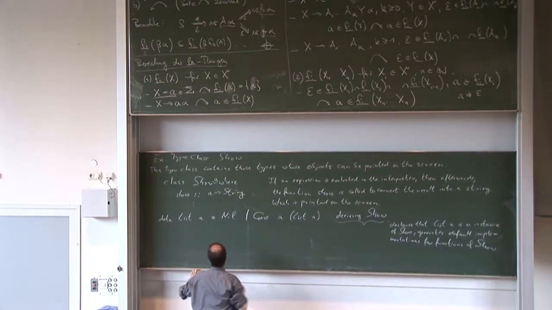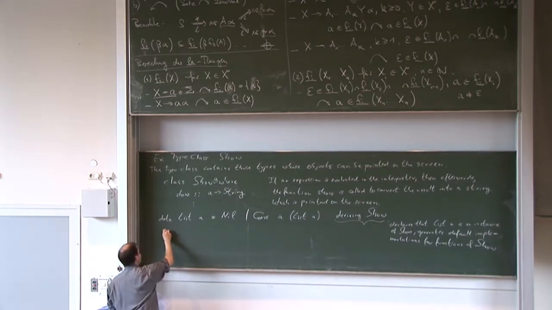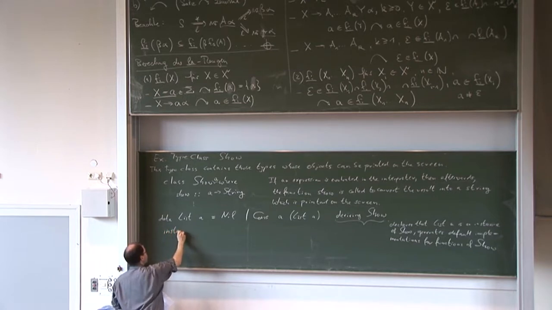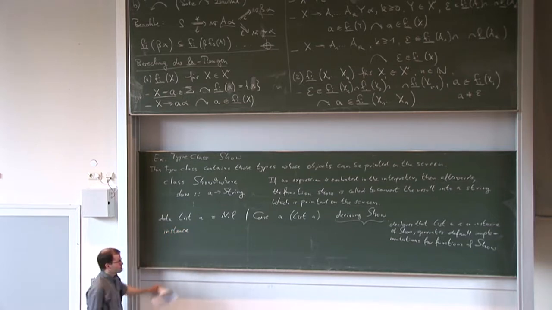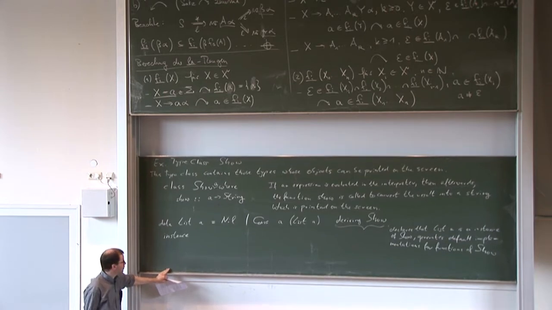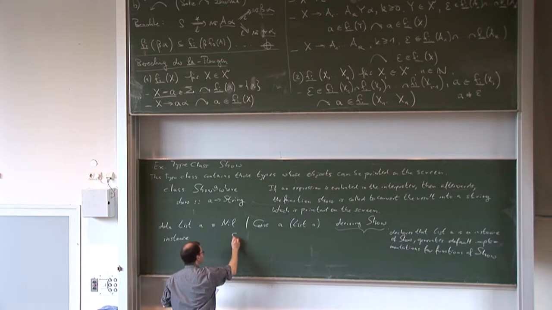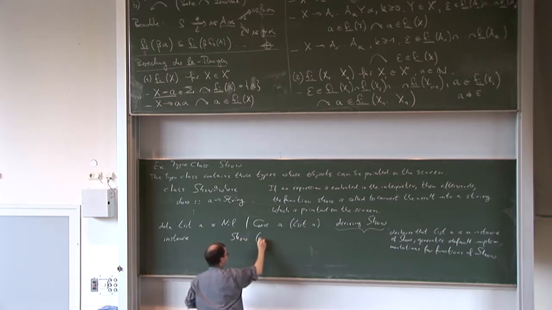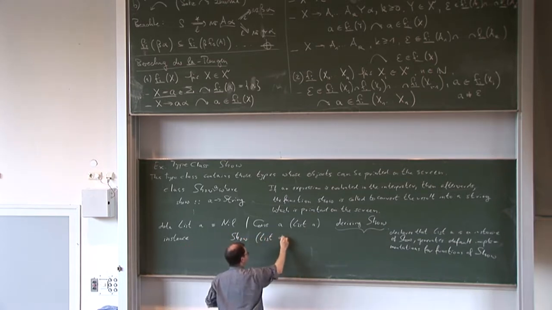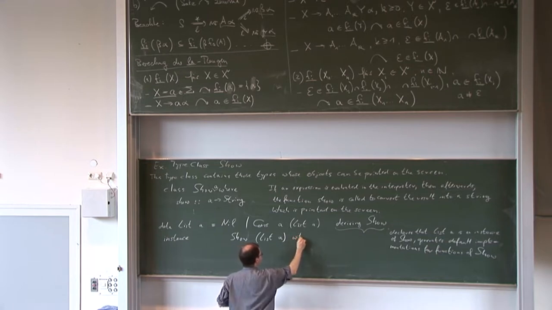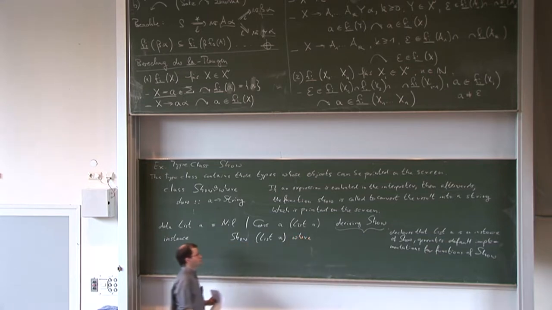If you don't write deriving show, then instead you would declare that lists should indeed be members of the type class show. How would that work? You would say, well, list A should be a member of the type class show, and then you say how this function show should be implemented.